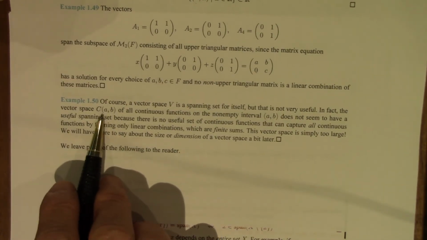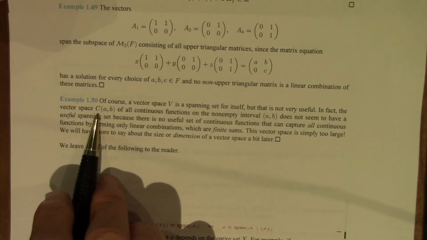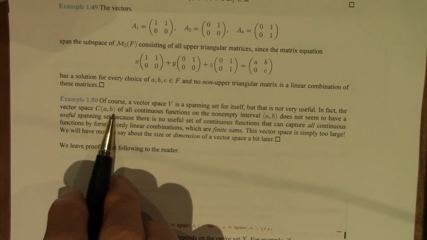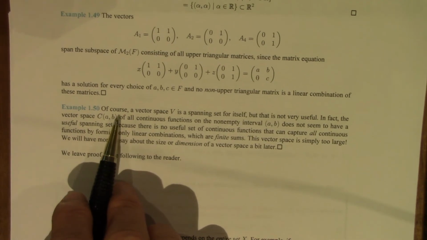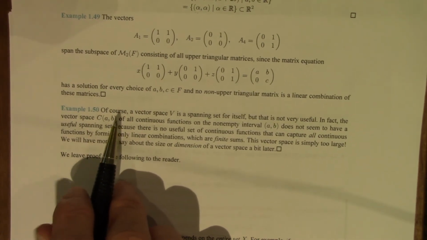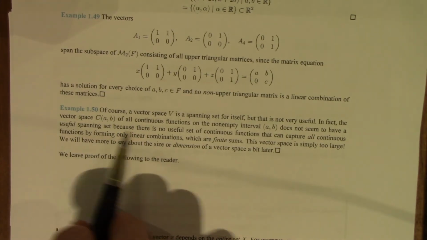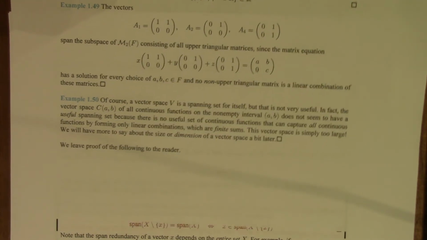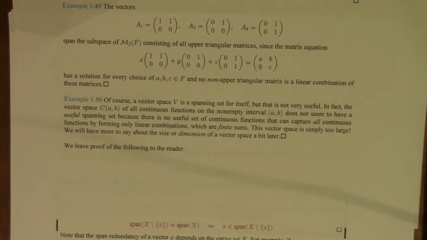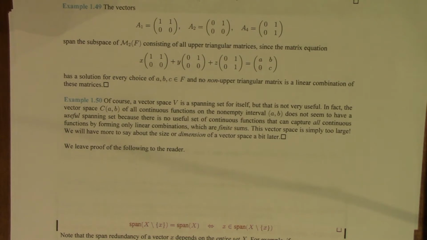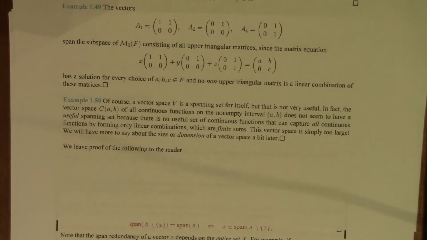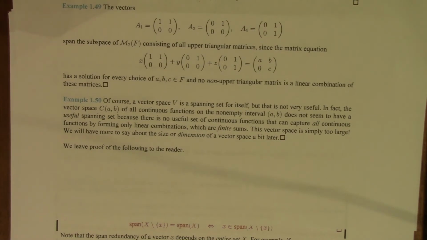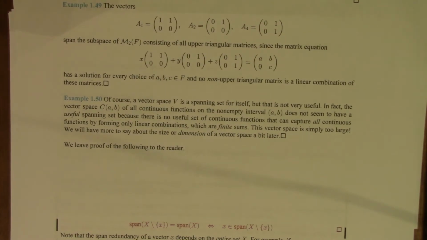But this vector space, for example, the continuous functions on the interval AB, assume that A is less than B, does not seem to have any useful spanning sets because there's no useful set of continuous functions that can capture all continuous functions simply by forming linear combinations, finite sums. Can't do it.